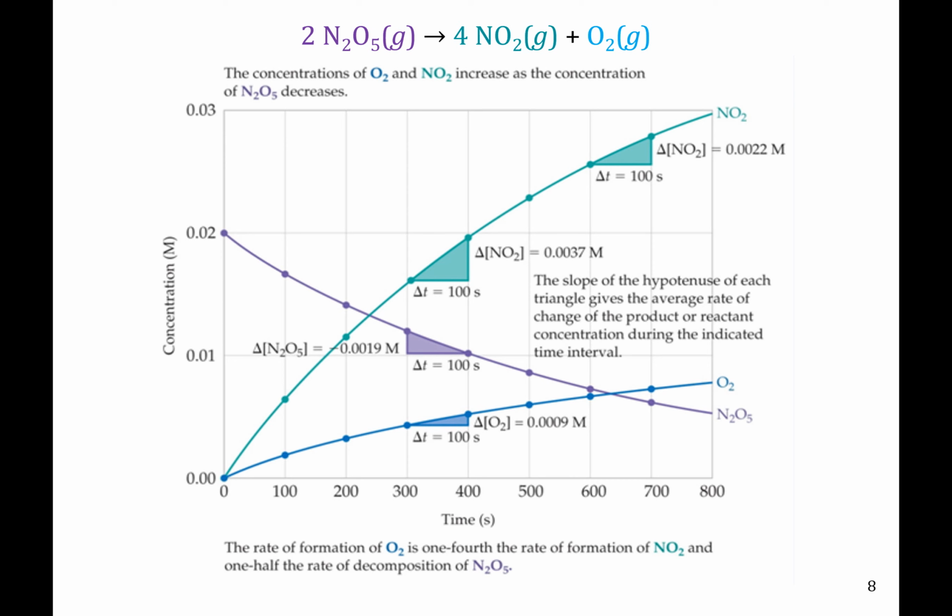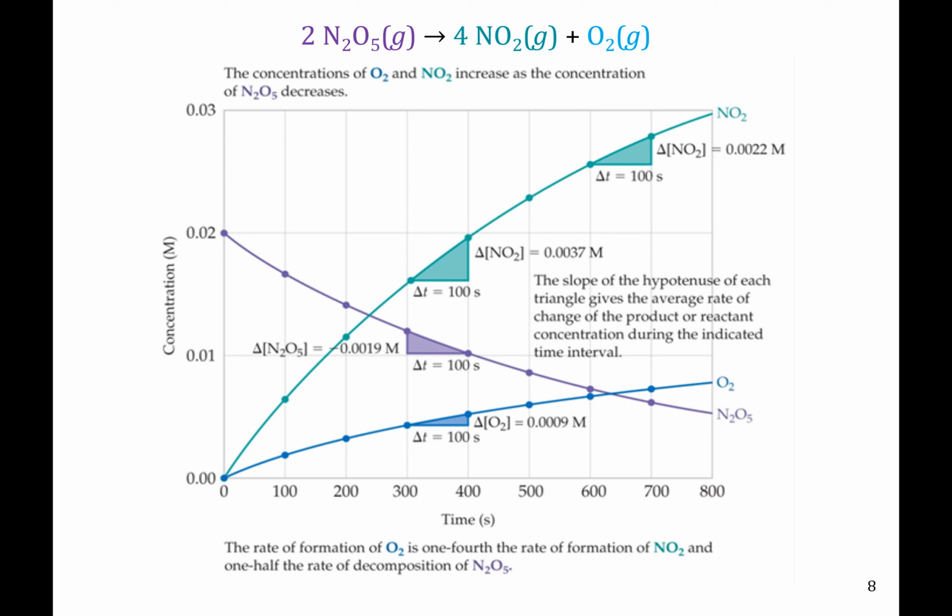But what we can do is look at different points on the line, find the concentrations, and look at the change in those concentrations over a set period of time. From that, and I mentioned this earlier, we can get the instantaneous rate, in other words the rate of the reaction at that specific time.